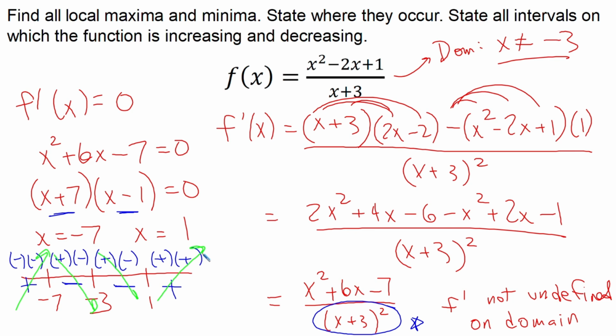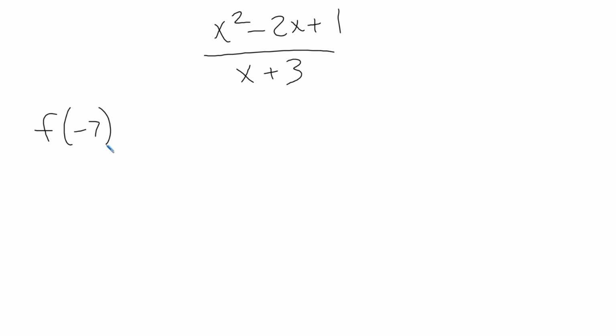So in order to do that, we'll just take this to another page here. There we go. There's our page. We're going to have our function, which was x squared minus 2x plus 1 over x plus 3. And then we need to evaluate to find f of negative 7 and f of 1.